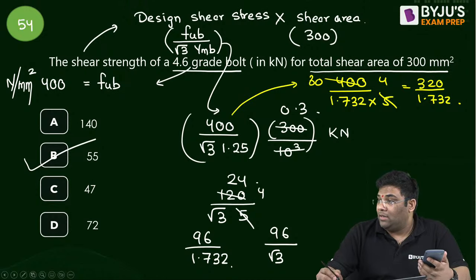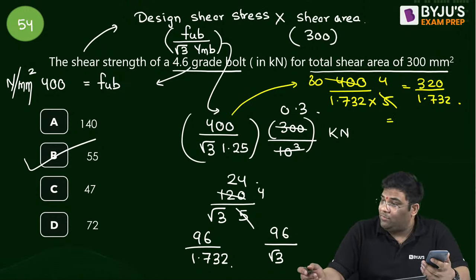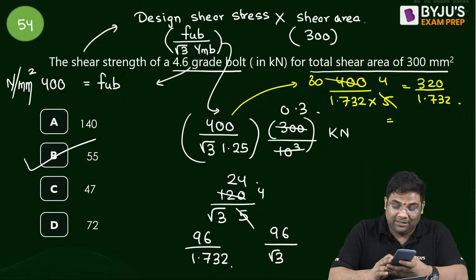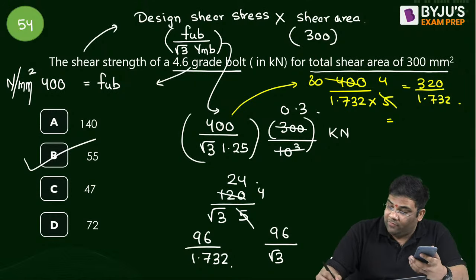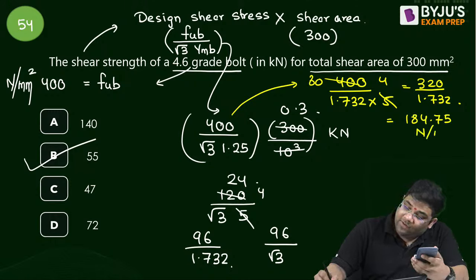How much are you getting? Okay, you have remembered 0.578. Very good. It is 320 divided by 1.732. I am getting 184 point something, .75. So if they ask you the design shear stress, then also you can find it out like this.